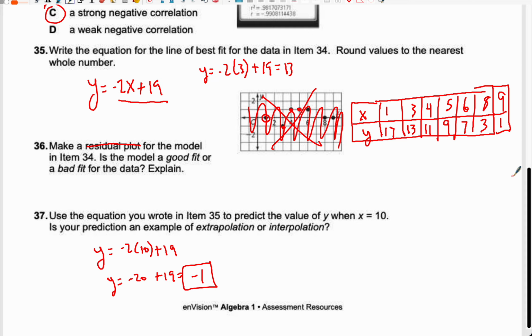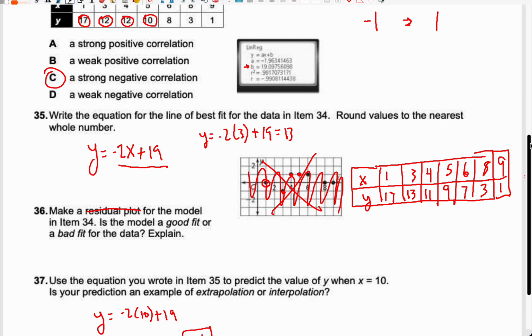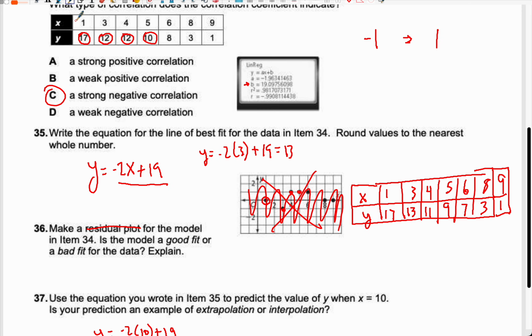Well, that's really easy to answer. How high did my data set go? My x values went from 1 through 9. And so I built my graph, I built my equation, everything I built was on a data set that goes from 1 to 9. And then they asked me about, well, what about 10? That's outside my data set.